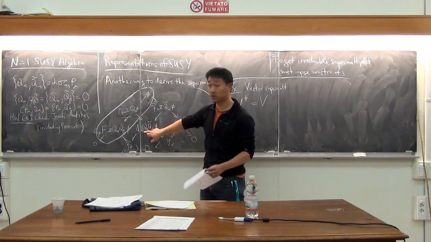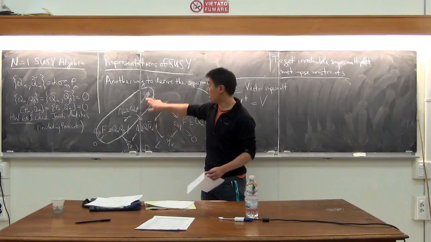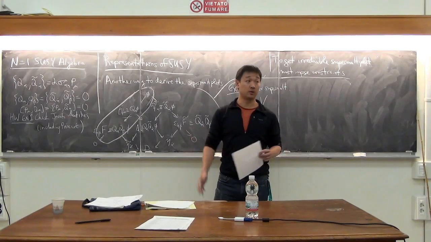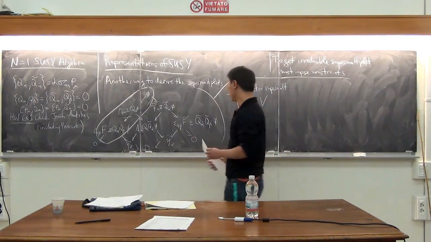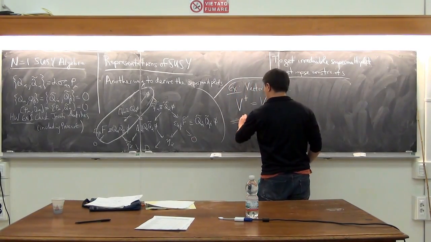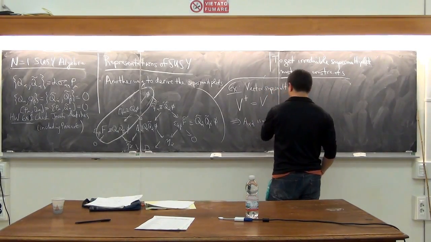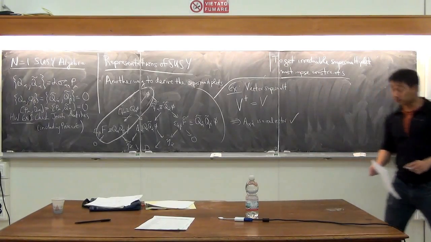So now I have a real scalar, and it's a real vector, which is what you would need to describe a photon. So this would imply that A_alpha is a real vector, and that's a desirable thing.